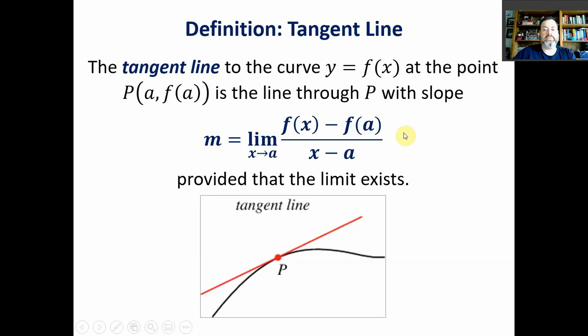This formula here is our secant line. So we just want to know what's the limit of these secant lines as Q gets closer to P, and we're going to call that the slope of the tangent line. And for that tangent line, we will have a point and a slope, so we can use point-slope form to find the equation of the line.